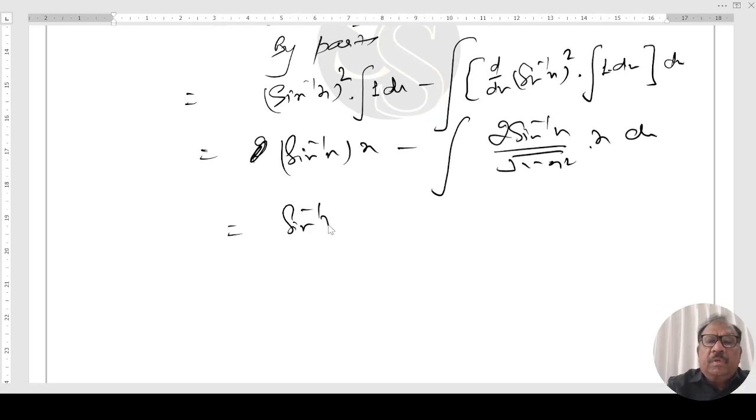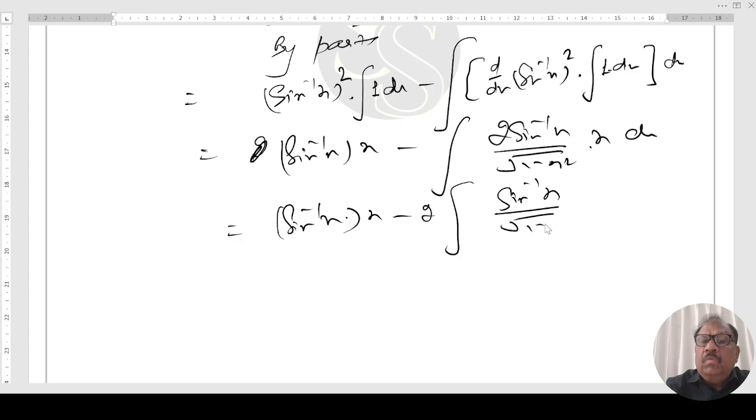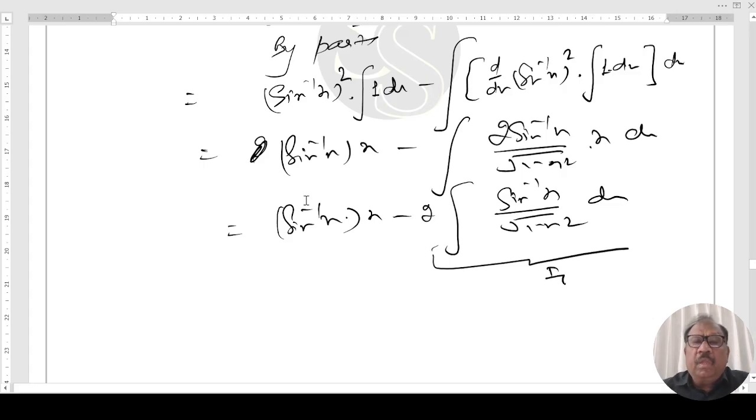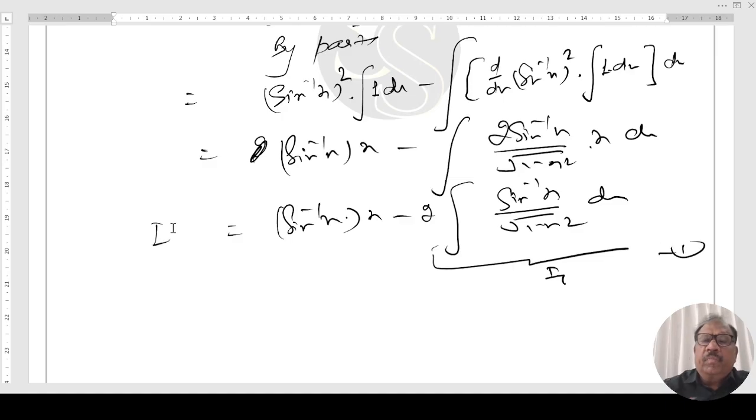Sine of inverse x into x minus 2 sine of inverse x upon under root 1 minus x square. Considering this as I1. First of all, we will solve I1, then we put it, mark this as equation 1, this is equal to I. Right?